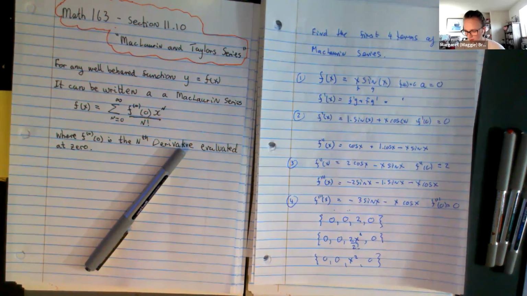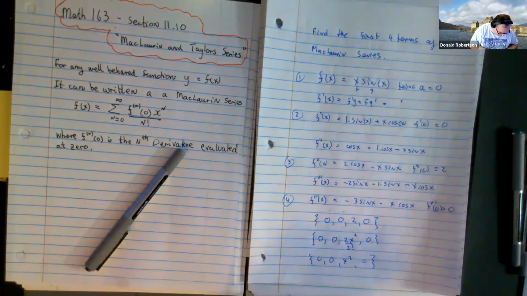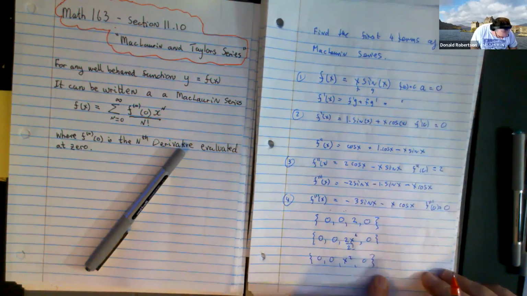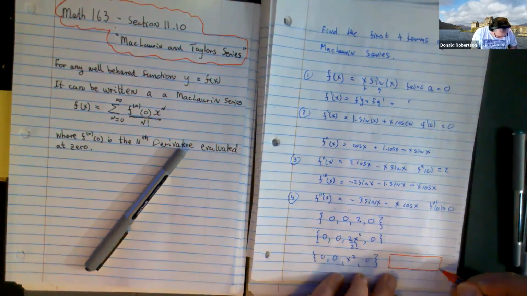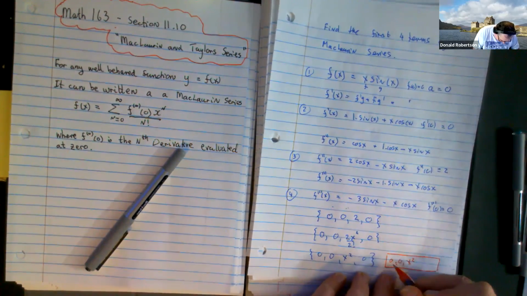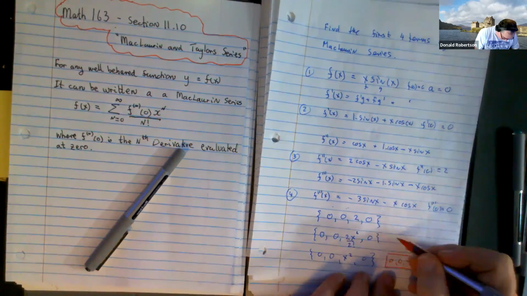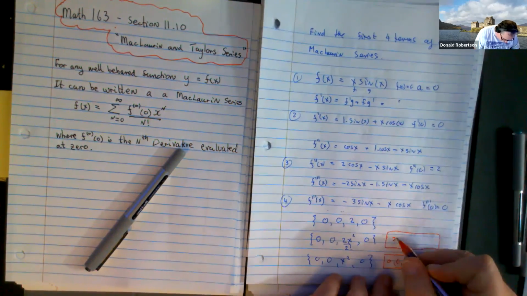What are the braces representing? In the homework, they want you to write it as a comma separated list. When you have a comma separated list, you don't have the little curly brackets. You just write down the first 4 non-zero terms.